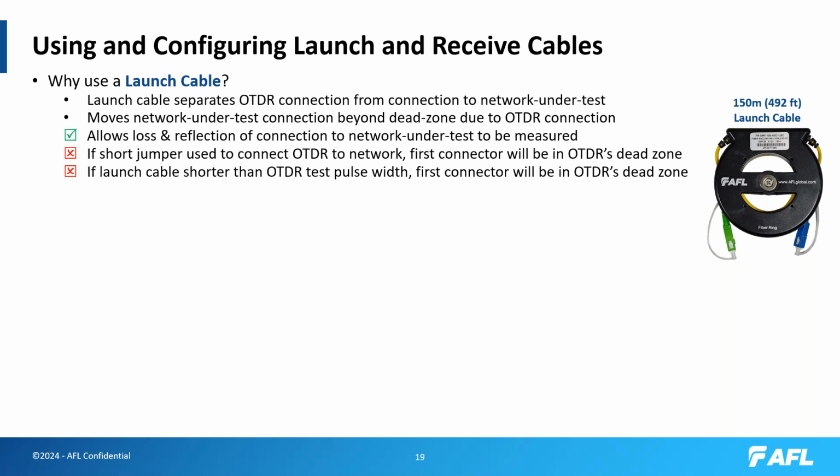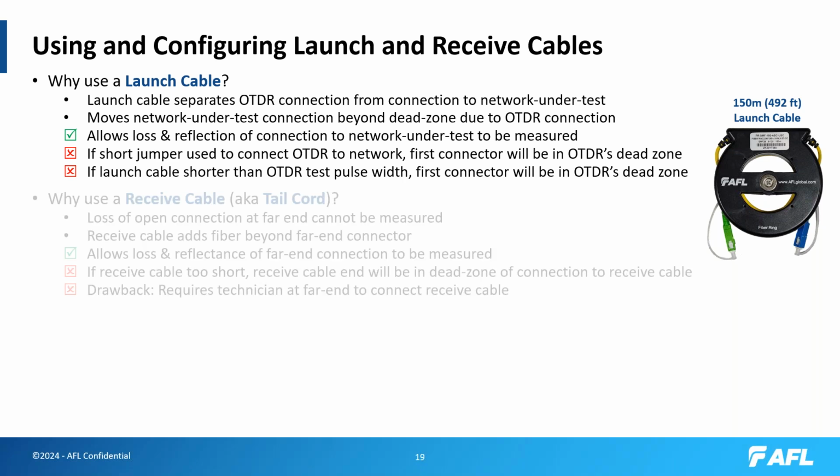If you used a short jumper rather than a launch cable, your first connector could be in the OTDR's dead zone. If you use a launch cable that is shorter than the OTDR pulse width, your first connector could still be in the OTDR's dead zone.